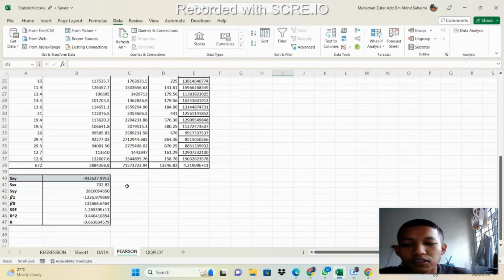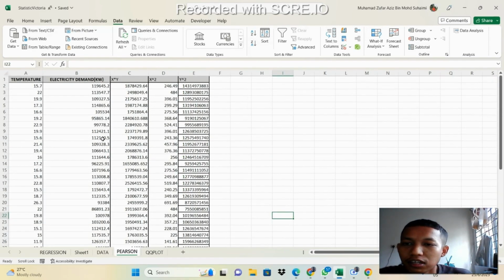The Pearson one just goes straightforward by using the formula on the slide itself.